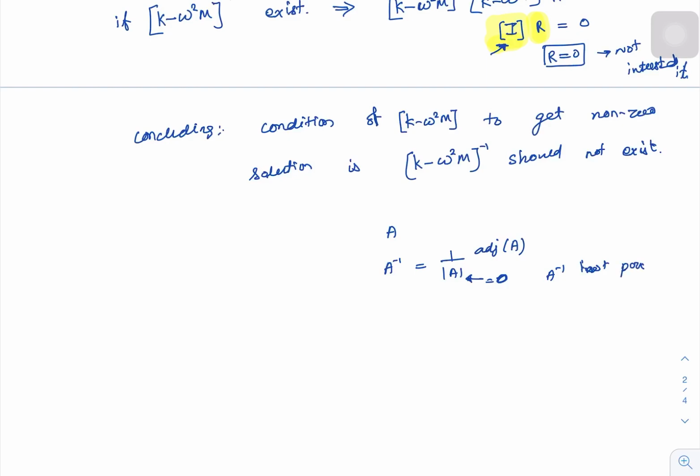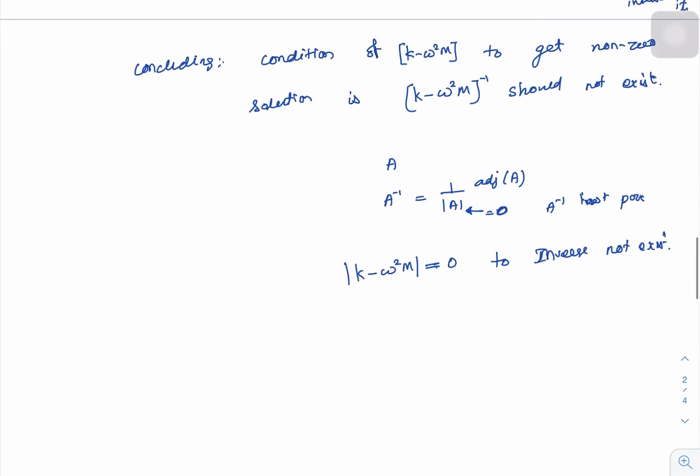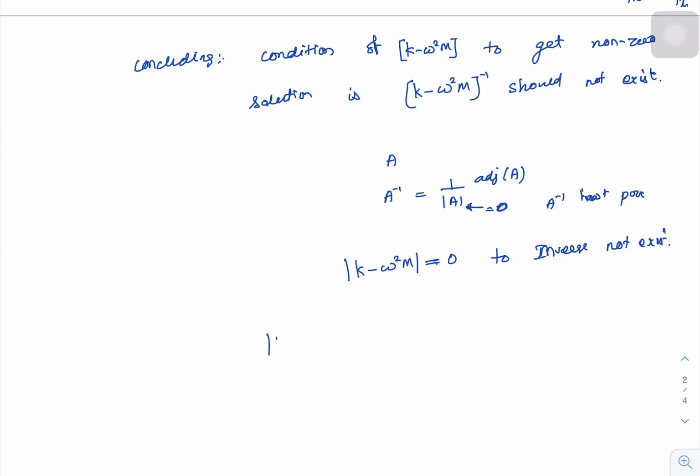So what we are suggesting is that the determinant of K minus omega square M should be 0 for its inverse to not exist. This equation, determinant of K minus omega square M equal to 0, is called the characteristic equation, and it is the necessary condition to get the non-zero solution.